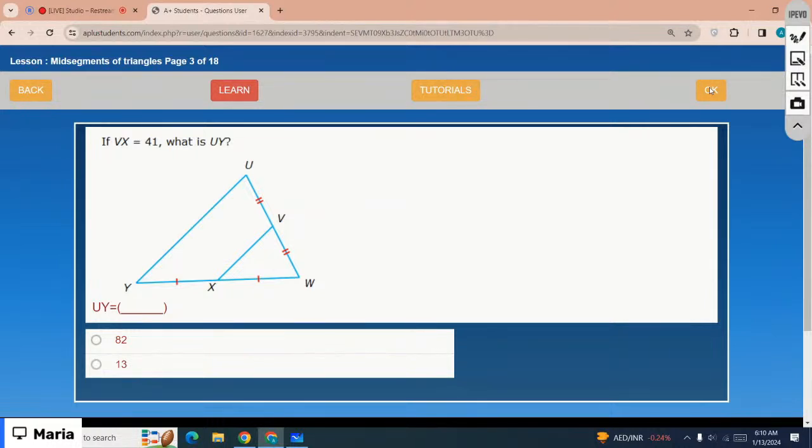Basically, VX is the mid segment of the triangle UYW. So that means UY is twice the VX. That means that is 82. The correct option is 82.